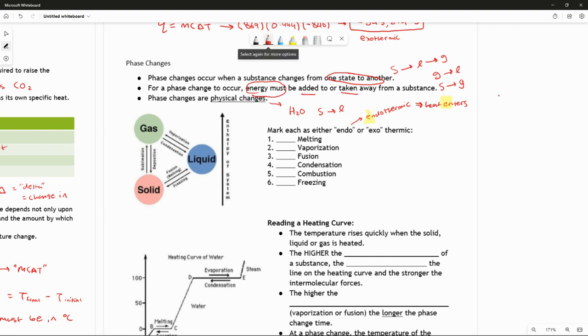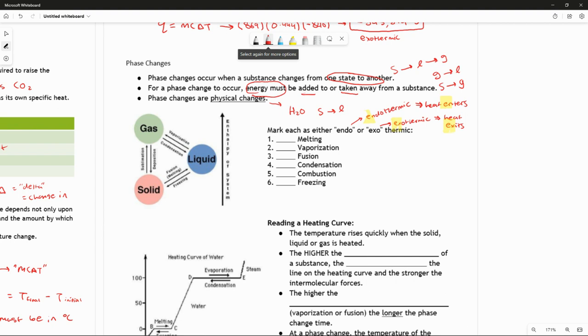And vice versa. Exothermic, exits. Heat exits. And so the first two letters are the same. That's an easy way to remember the difference between exothermic and endothermic.